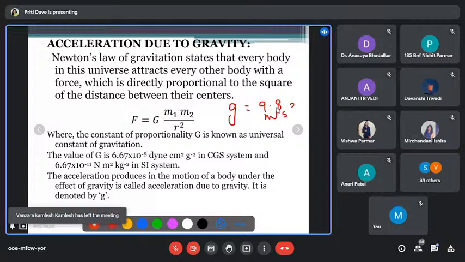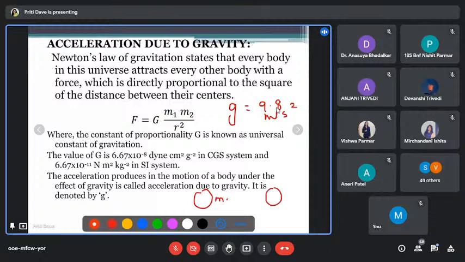Now, Newton was the first person who gave laws related to gravity, and he said that every body in the universe attracts every other body with a force which is directly proportional. So supposing you have two bodies with mass m1 and mass m2, gravitational force is a central force, and the distance between them is r.